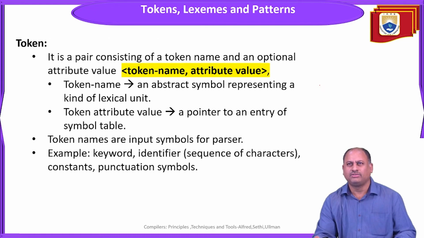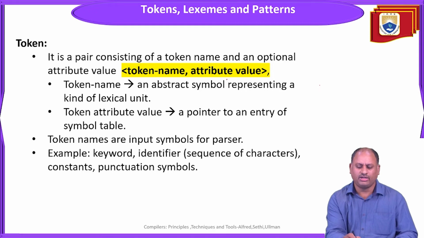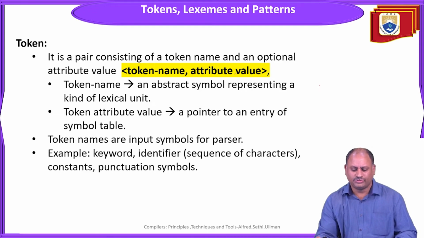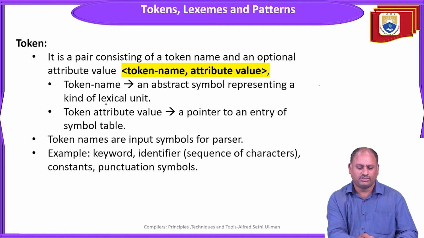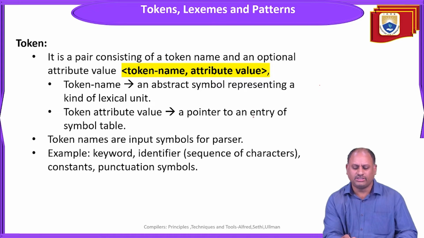Another important point here is the token. We already know that while delivering tokens, the lexical analyzer uses a format notation, token name and attribute value. In the example we considered previously, the token name identifies the lexical unit, and the corresponding value is mentioned in the symbol table.